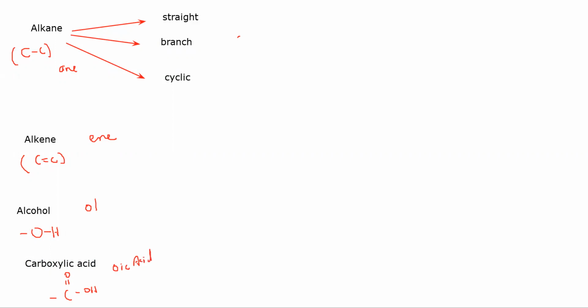Then esters. The ester contains C double bonded with O, either oxygen on the left hand side or oxygen on the right hand side. And their name should have oate.